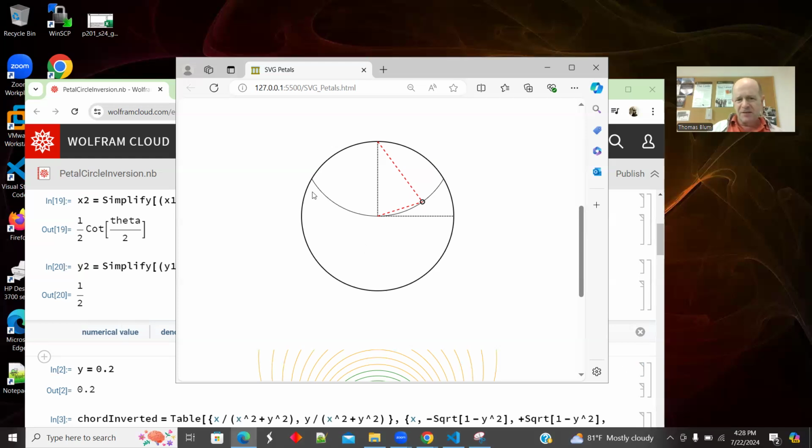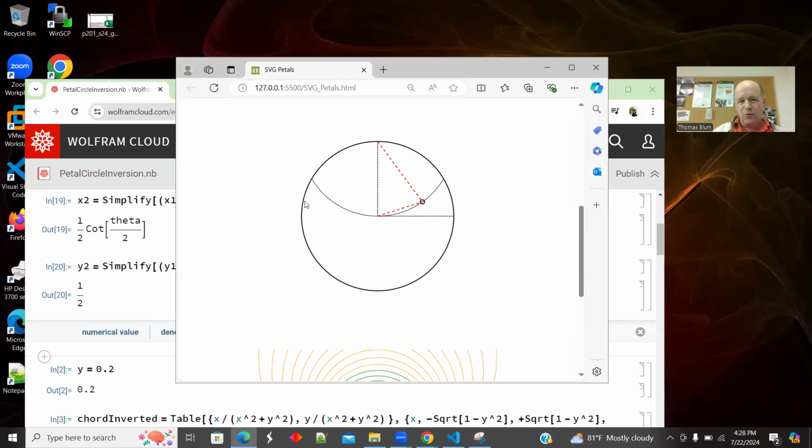And then I decided to do sort of a generic horizontal chord. Okay, so I wanted to see that. So that circle in particular, that chord becomes the rest of the circle, and that's a special circle here, and it's a circle of the same radius as the original circle.